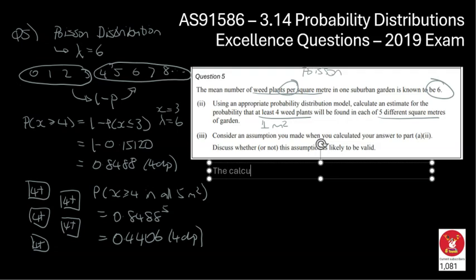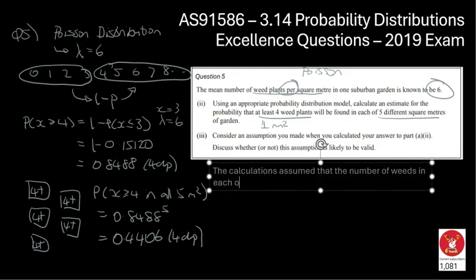So the calculations above assumed that the number of weeds in each of the separate square meters. Remember, we had 5 square meters, and we've done a calculation for each of these 5.